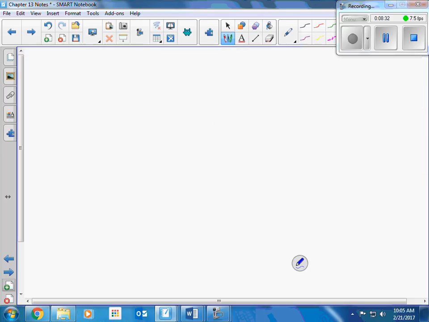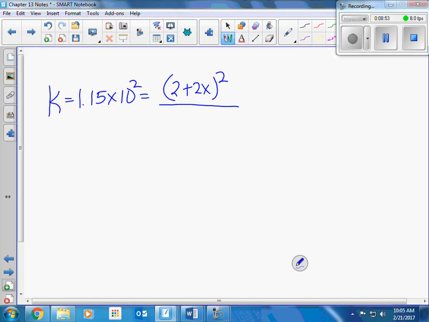So I know that my equilibrium expression is 1.15 times 10 to the second, and I have to square my HF. So I'm going to take 2 plus 2x. Do I square that? Okay, over my concentration of my fluorine and my hydrogen. So my expression for my fluorine was 2 minus x.